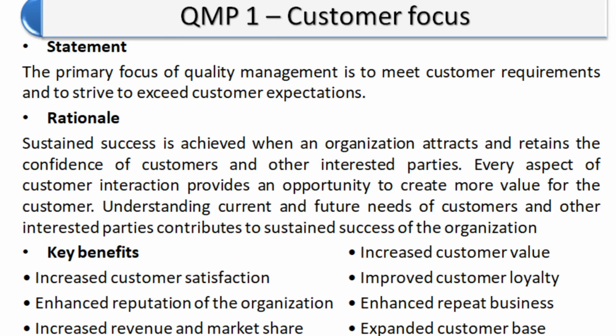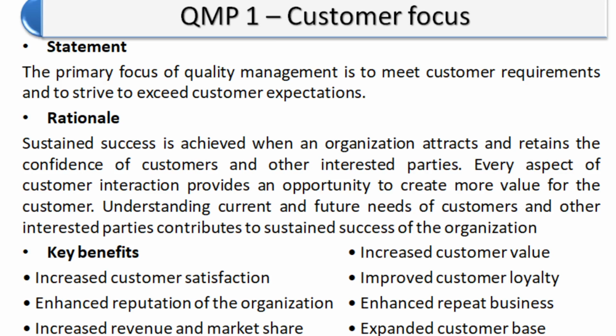So customer focus has the statement: the primary focus of quality management is to meet the customer requirements and to strive to exceed the customer expectations. We'll explain this principle. Sustained success is achieved when an organization attracts and retains the confidence of the customer and other interested parties.